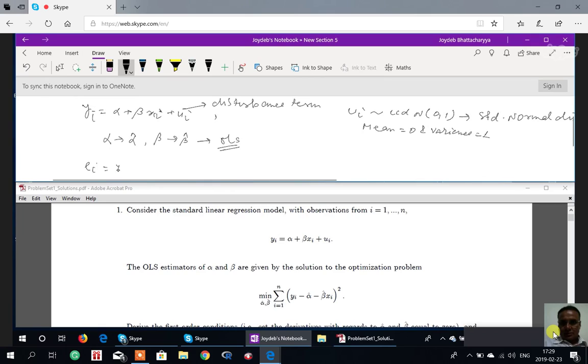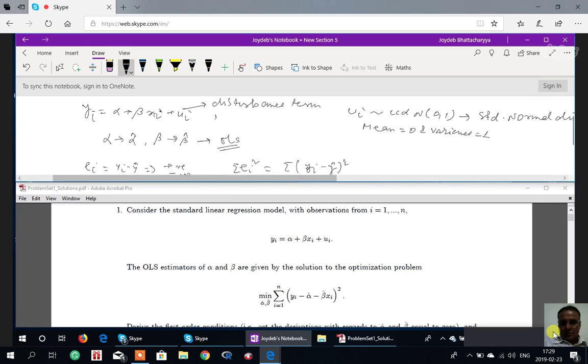Now this is somewhere positive and somewhere negative. So what they do is square this error term and sum it over. So this leads to the summation of yi minus y hat square, and then substituting the value of this.